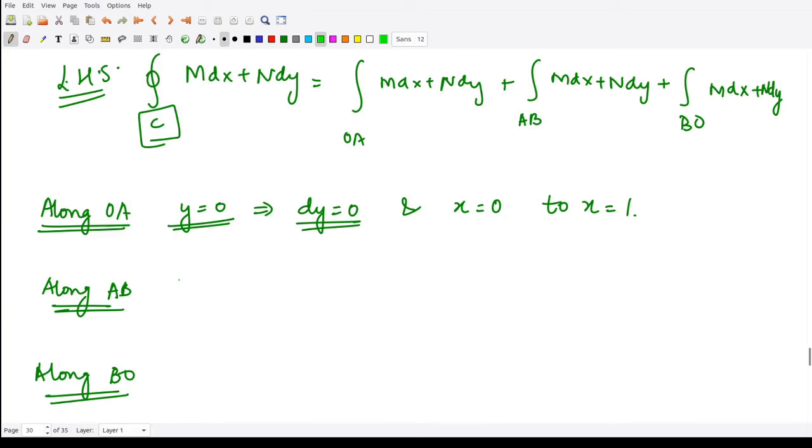Suppose I write the value of y as 1 minus x. When you differentiate this quantity, you will have dy is equal to minus dx. Because you are writing y in terms of x, you have to write the limits for x. So what are the limits of x here? Let's have a look.